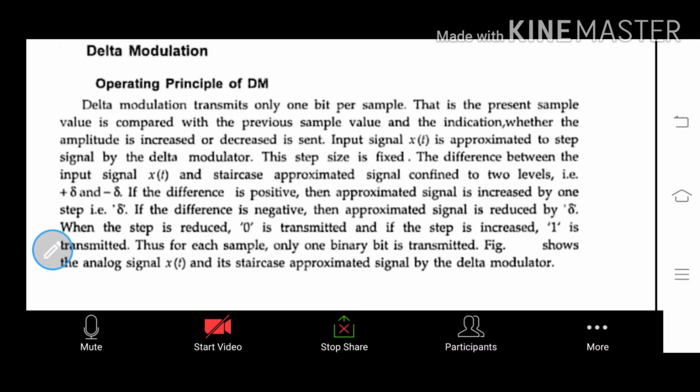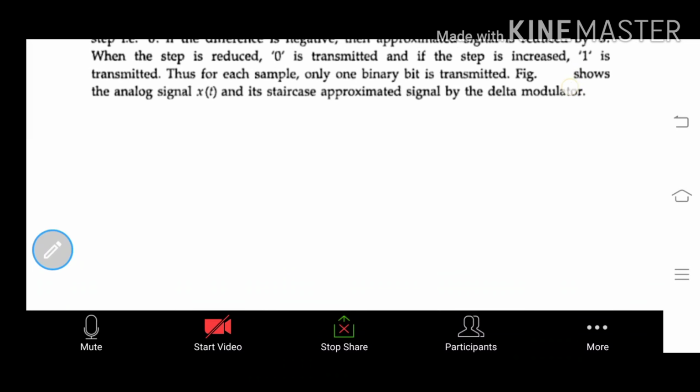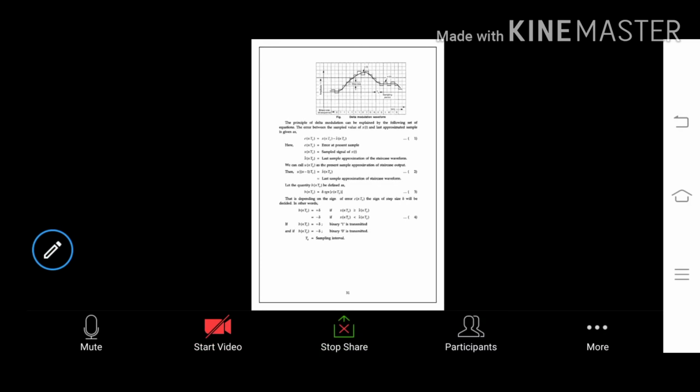To explain clearly, on the transmitter side it is either 0 or 1, that is, increasing the step size from the 0 level to the 1 level, which gives the transmitted level signal. One more thing: in the graphical representation of delta modulation, the continuous signal is approximated step by step.